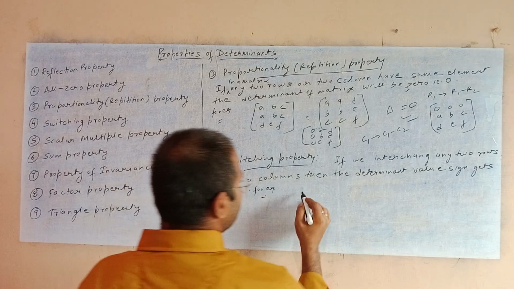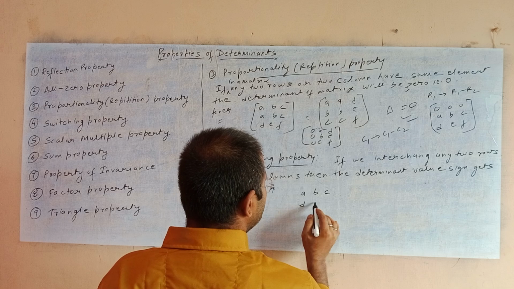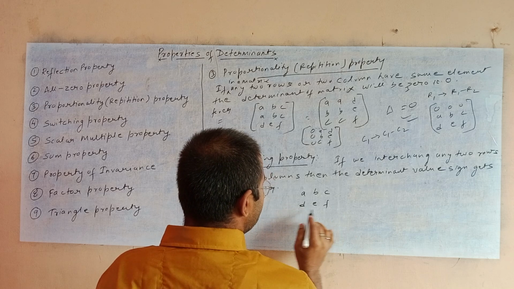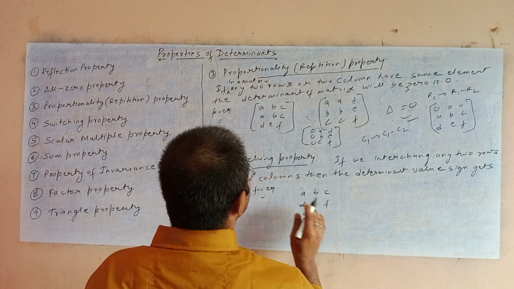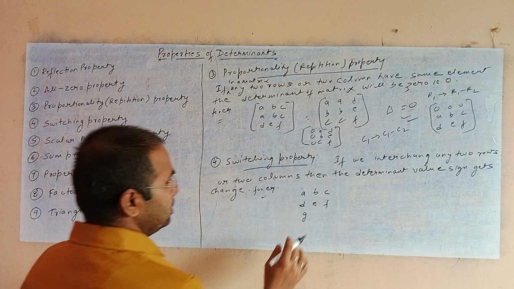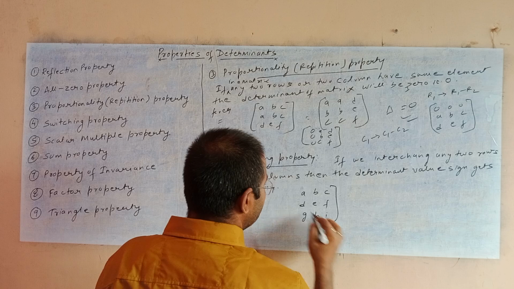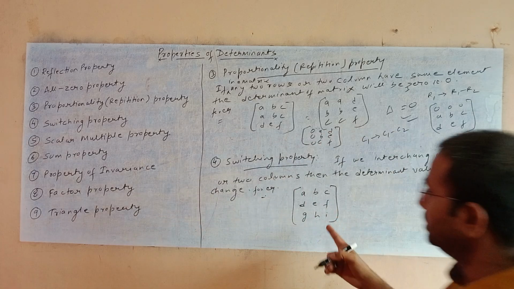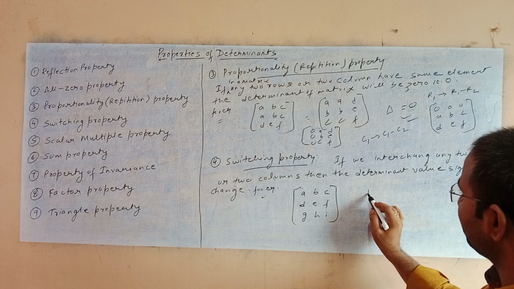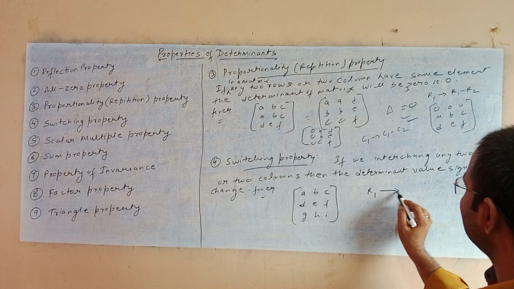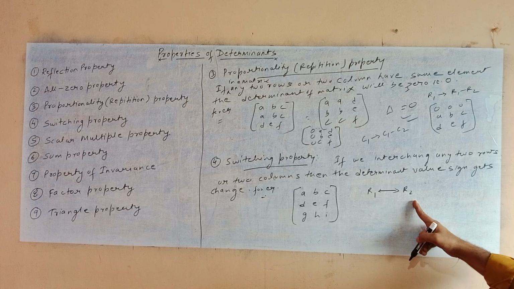Suppose for example we have a matrix a b c, d e f, g h i. Suppose we write R1 interchange with R2.